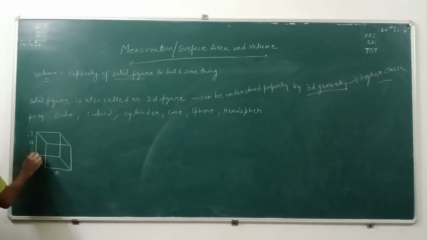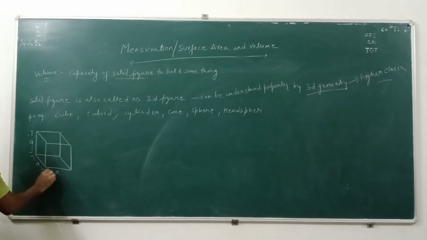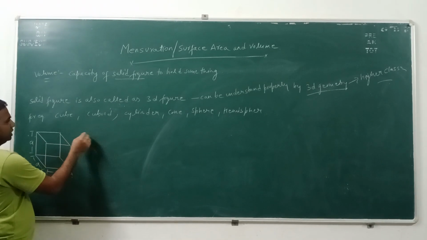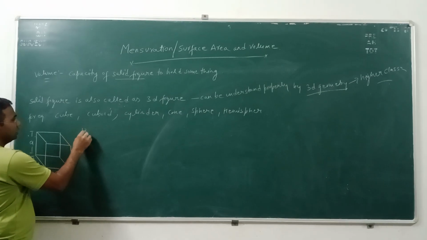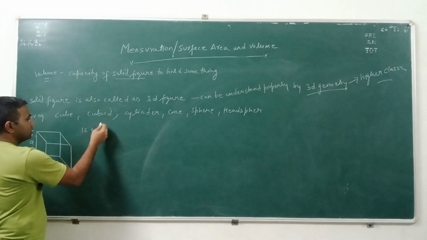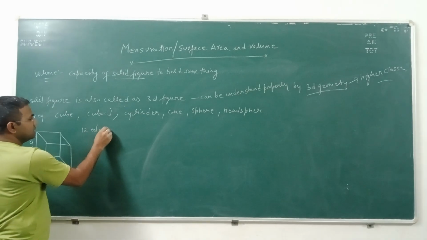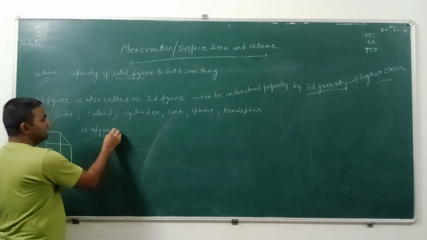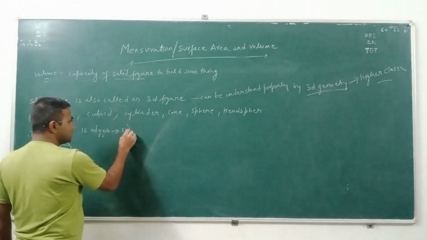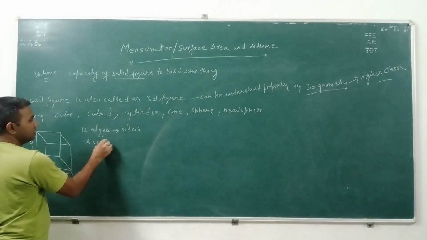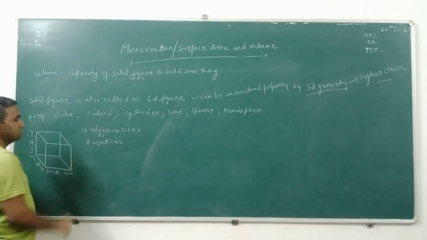In a cube, 12 edges are there. 12 edges can be called 12 sides. 8 vertices are there.